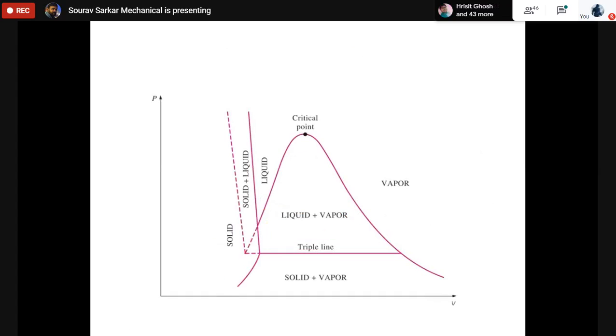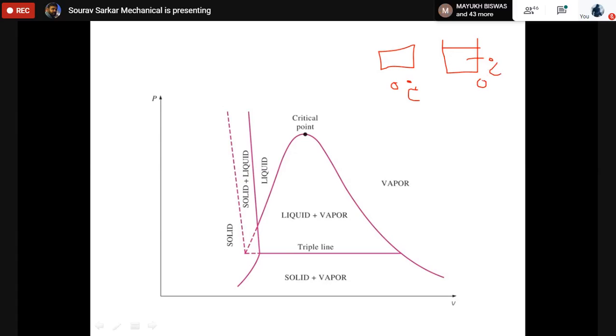We know that if you have a piece of ice at 0 degrees Celsius, and if you have a container of water, same mass, at 0 degrees Celsius, which one will have higher volume?